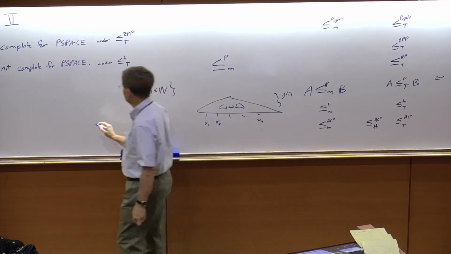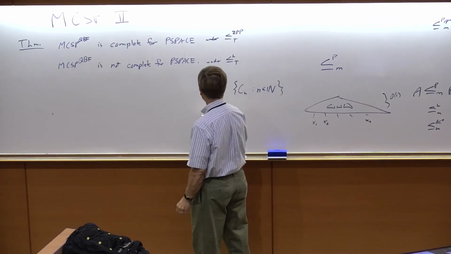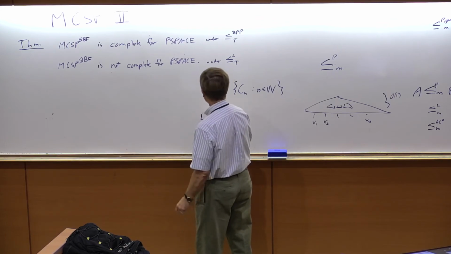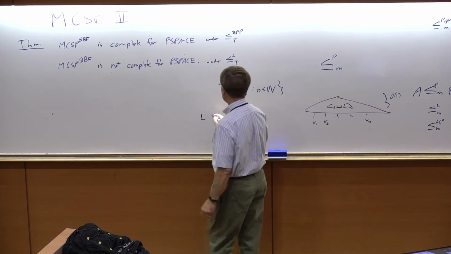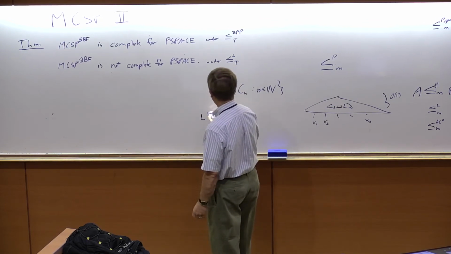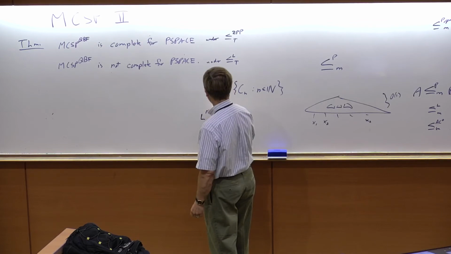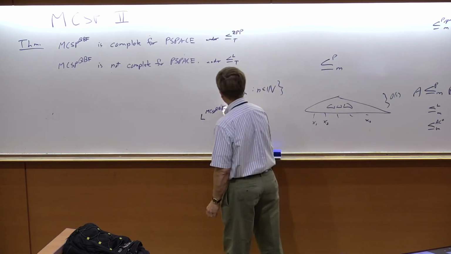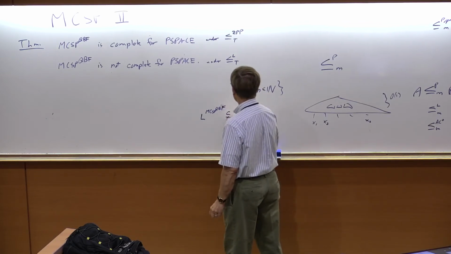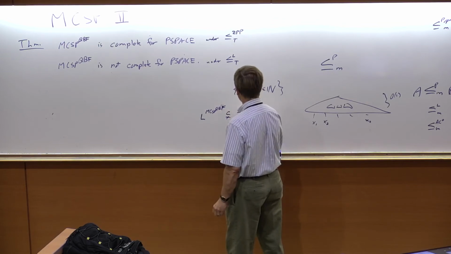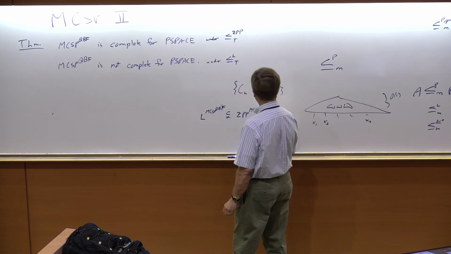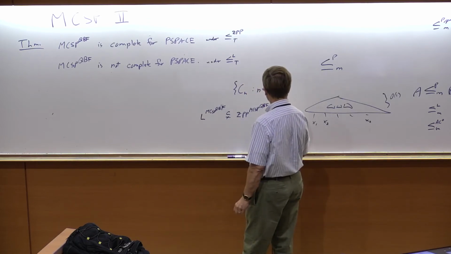In other words, well, in fact, this is in some sense almost trivial. So L to the MCSP QBF is properly contained in ZPP to the MCSP QBF, which happens to be PSPACE.